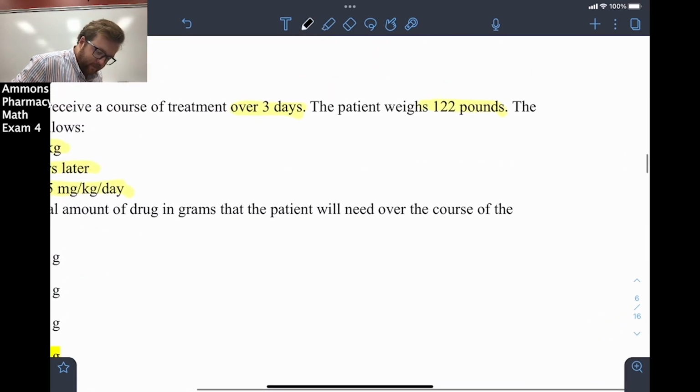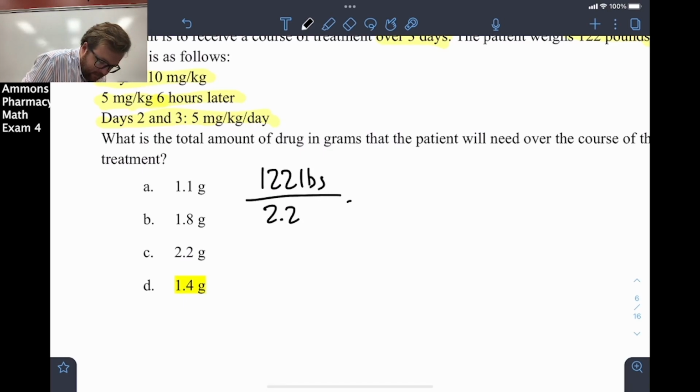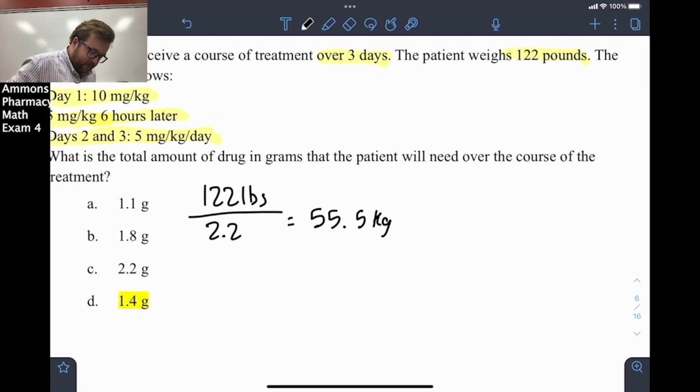How much does the patient weigh? He was 122. I need to divide that by 2.2. Okay. He weighs 55.5 kilos.